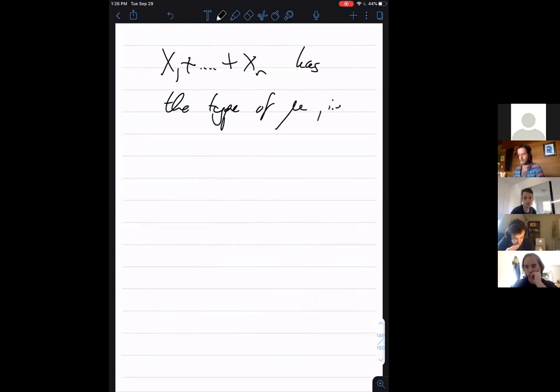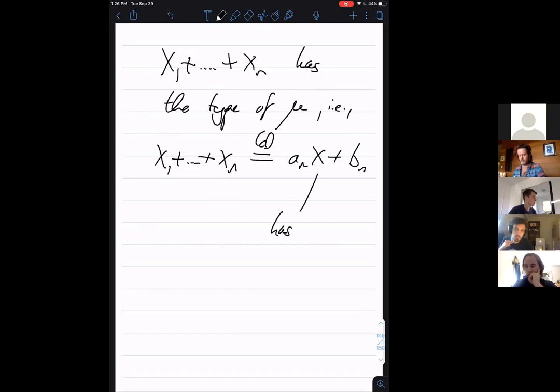So this means explicitly that the law of the sum is equal in distribution to this kind of scaled copy of mu.